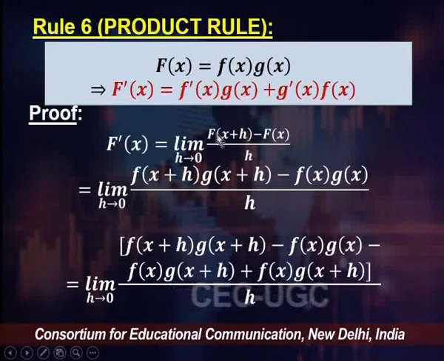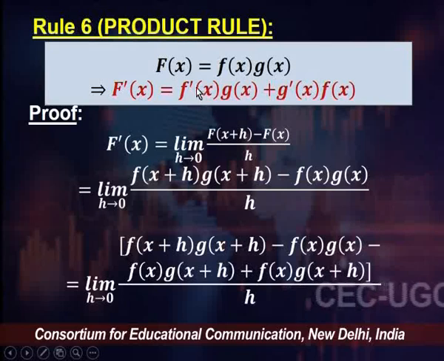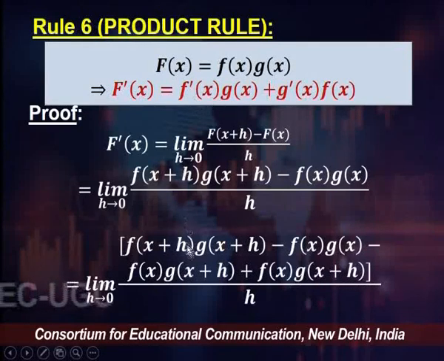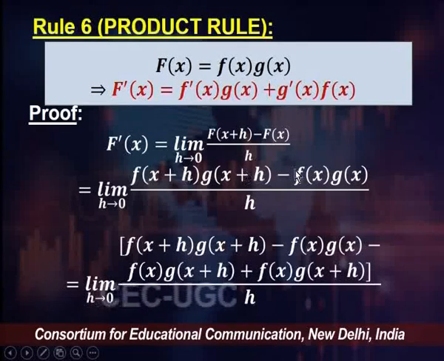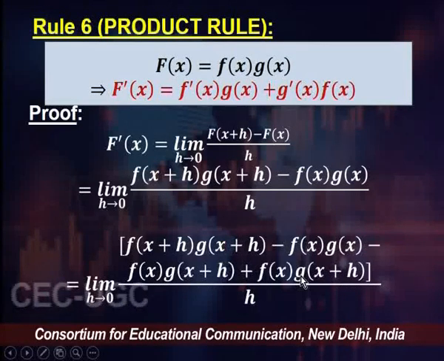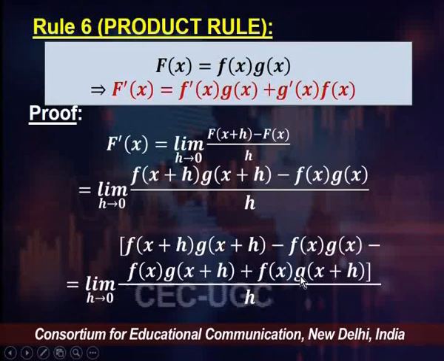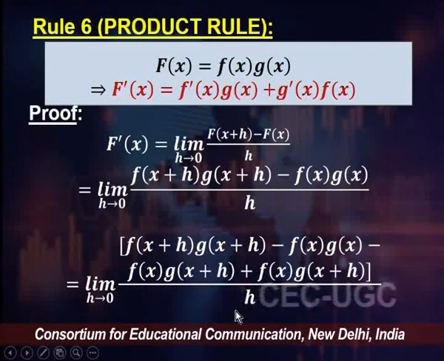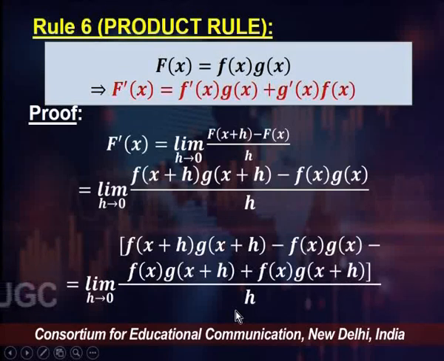Now, just to cheat a little bit, because I ultimately want small f prime of x in the result, I'm going to manipulate the expression in the numerator, and I'm going to subtract and add f of x times g of x plus h in the numerator, which is not going to change anything, but that will help me get my result. And then you apply the limit as h tends to 0 after you divide this expression by h.